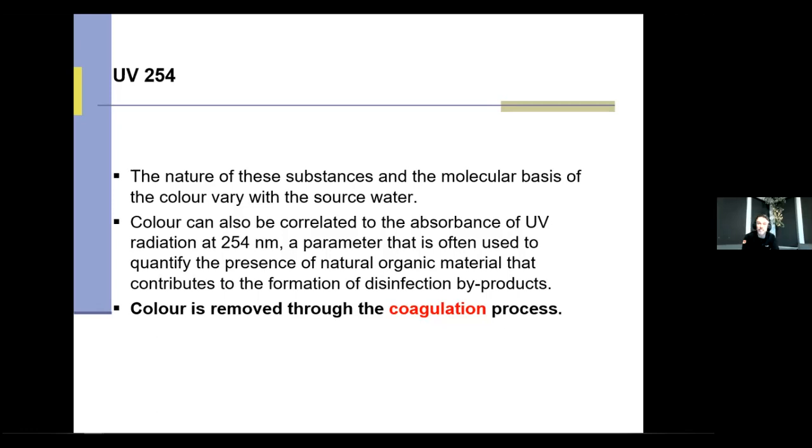I'm also testing for color in the lab, so I'm looking at color coming in and color leaving. Those are 2 checks that I do. So how do we get rid of the color? It's removed through the coagulation process. So let's talk about that next.